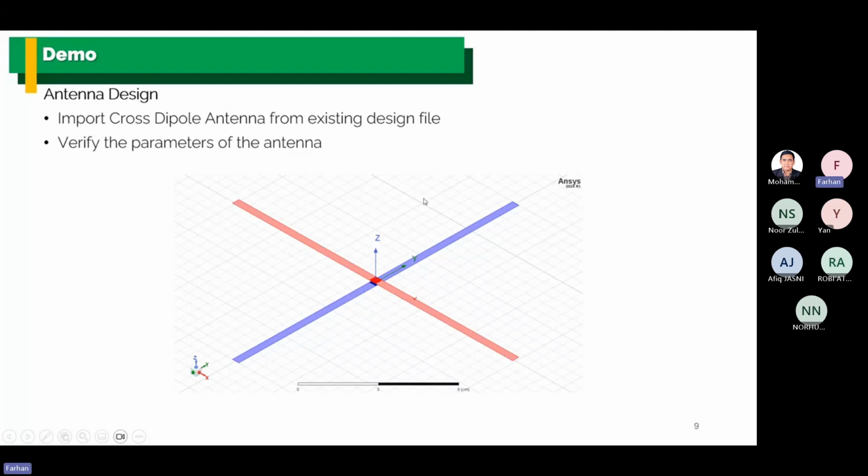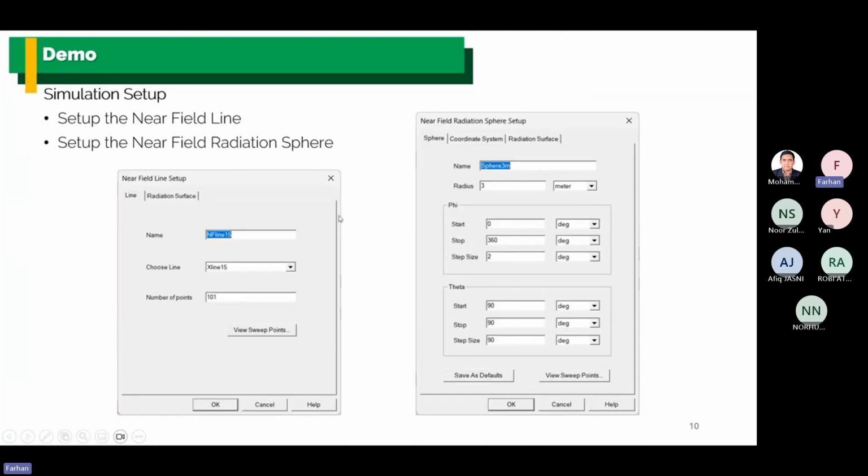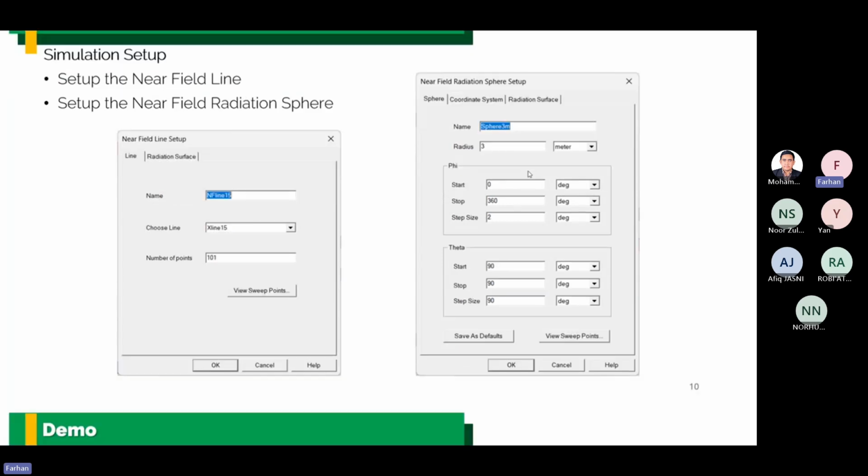We will not be designing this because this is an already designed antenna. And next, we need to set up the simulation for the near field line, and we set the near field radiation sphere. I'll go deeper into this during the demonstration.